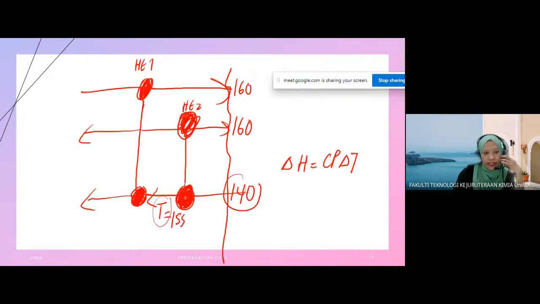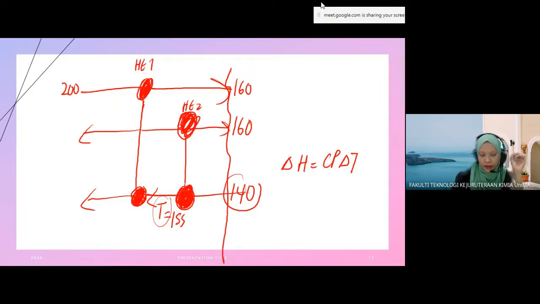If this temperature, for example, equals 155, and here it is 200. Okay, now focus on heat exchanger number 1. You know that in a heat exchanger, the heat is passed from hot stream to cold stream, right? This is hot stream, this is cold stream.